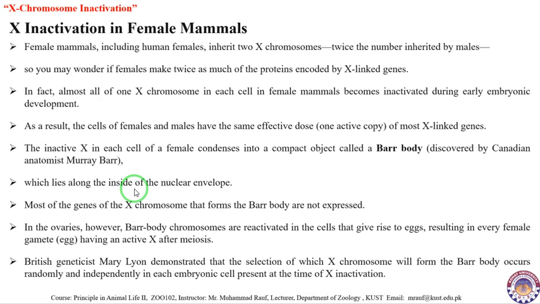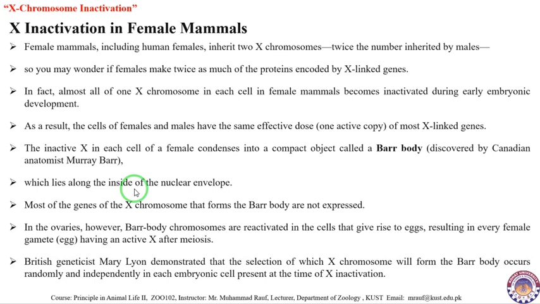British geneticist Mary Lyon demonstrated that the selection of which X chromosome will form the bar body occurs randomly and independently in each embryonic cell present at the time of X inactivation.